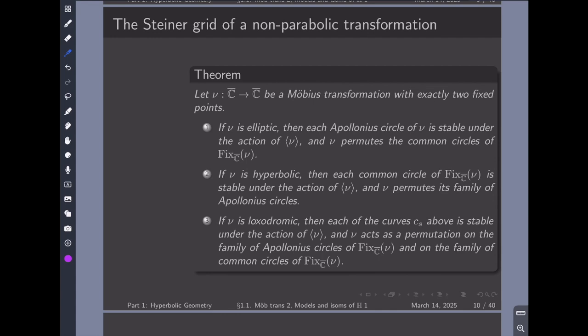The family that is permuted by an elliptic is preserved member by member by a hyperbolic, and the other way around. Okay, and now finally the loxodromic ones.